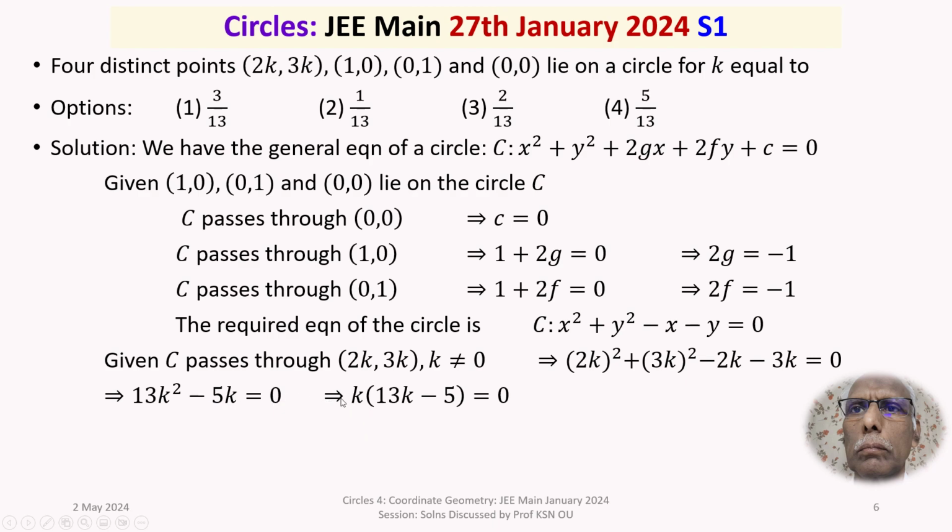So k times (13k minus 5) is equal to 0, and this will give you k is equal to 5 by 13 since k not equal to 0. So let's look at our options, and k is equal to 5 by 13 appears against option 4. The answer to this question is option 4.